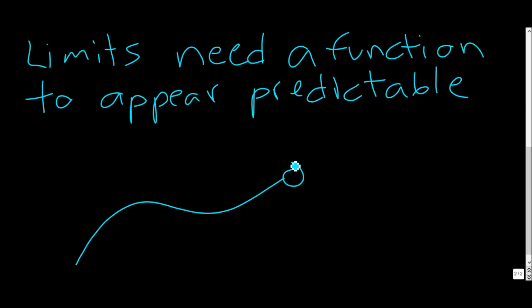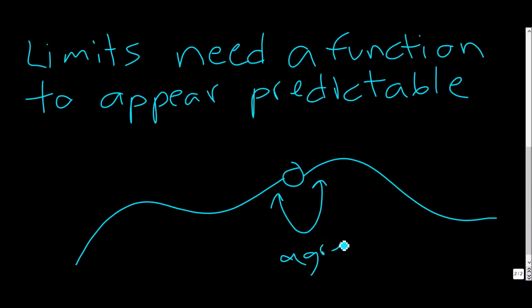Our graph looks very predictable. Then we come up to this open circle, a value that doesn't exist. So long as the other side of the function comes to the same place, even though there's a hole in the graph, because both of these agree, then the limit does exist, and it's whatever that hole's place is. So that's what we want to try to get to.